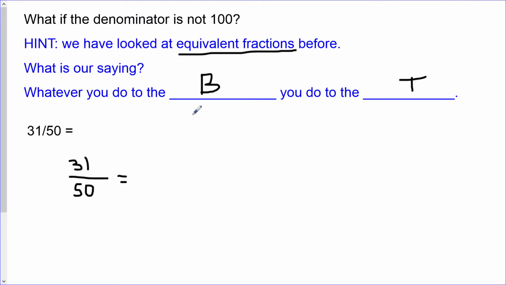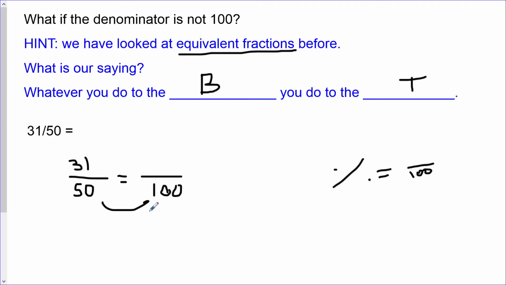So let's have a look. When I want to convert this fraction to a percentage, I want my denominator to be 100, because I know percent means out of 100. So if I can ever get my denominator to be equal to 100, then the question is very, very simple, as we showed on the previous slide. Is there a way I can get from 50 to 100?